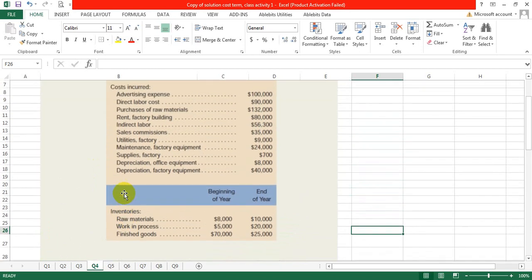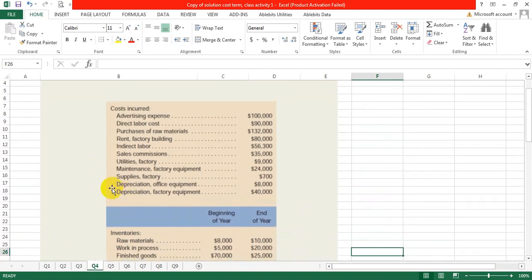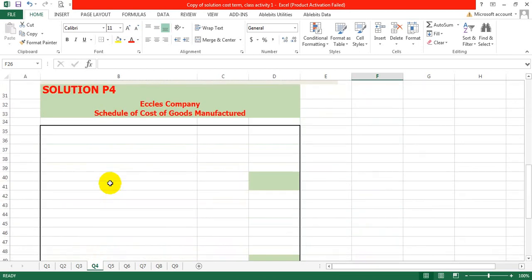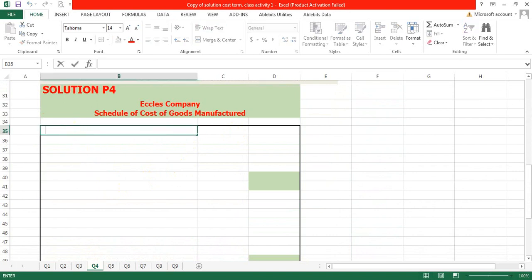Okay, now we are going to prepare these things. I have made this template for you. Again, I am writing first. We will calculate the direct materials.